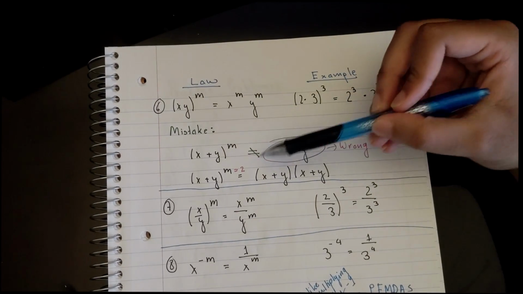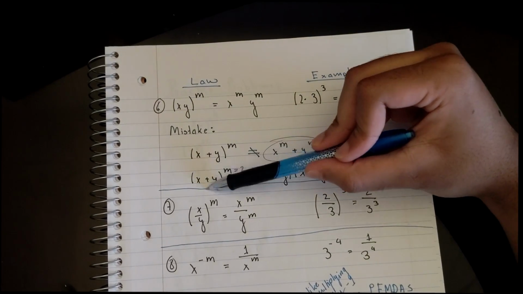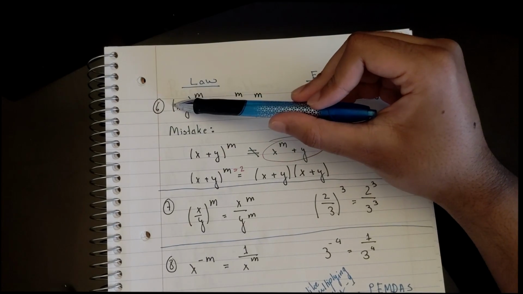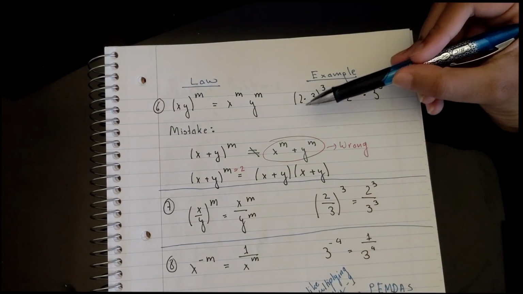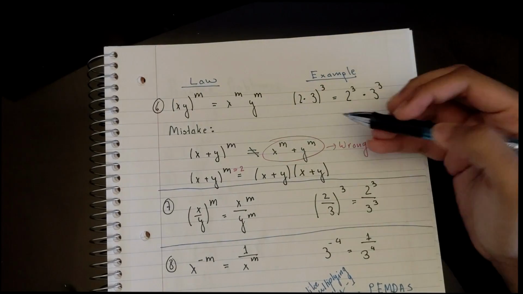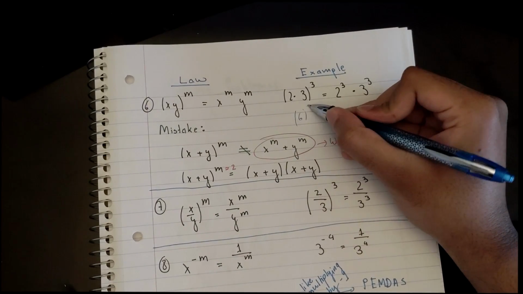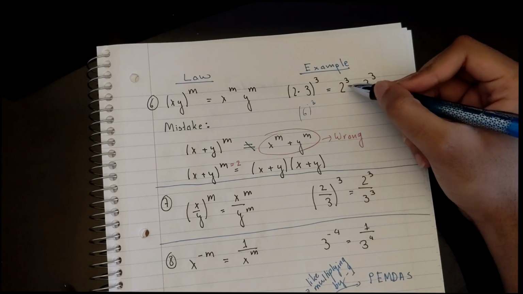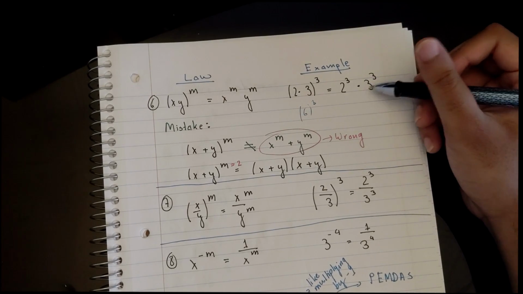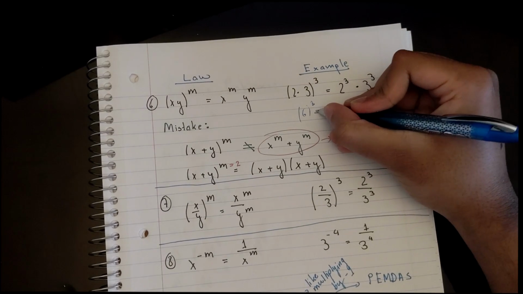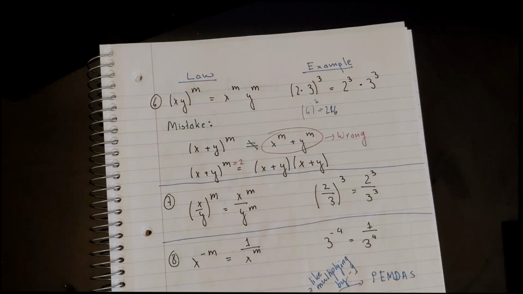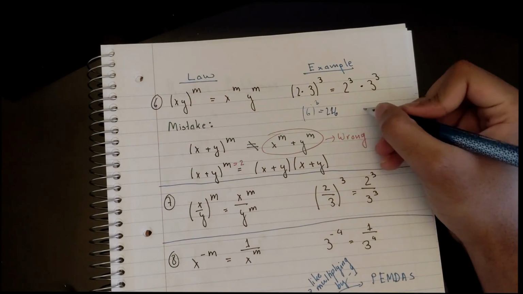You can't really distribute this because of the addition operation right here, but you can do it with multiplication, because multiplication is different there. 3 times 2 is 6, and 6 to the power of 3 is the same as 2 to the power of 3 times 3 to the power of 3. 6 to the power of 3 is 216. 2 to the power of 3 multiplied by 3 to the power of 3 is also 216.